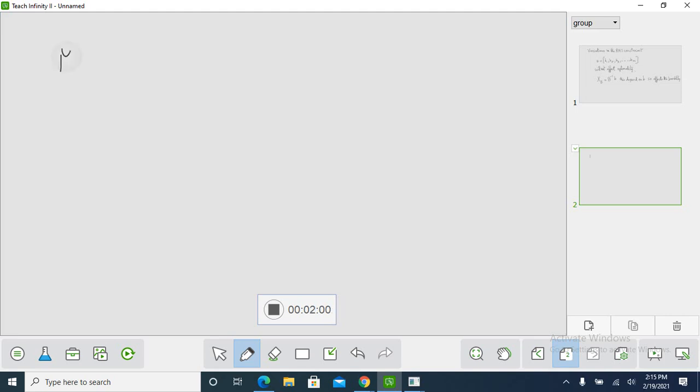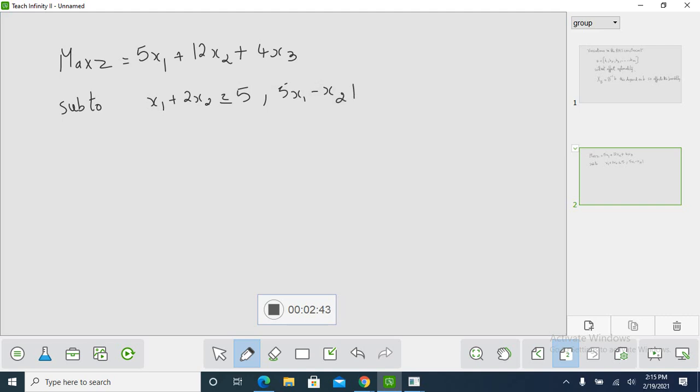So let us take a small sum. Maximize Z equal to 5x1 plus 12x2 plus 4x3, subject to the constraints x1 plus 2x2 less than or equal to 5, and 5x1 minus x2 plus 2x3 equal to 2.